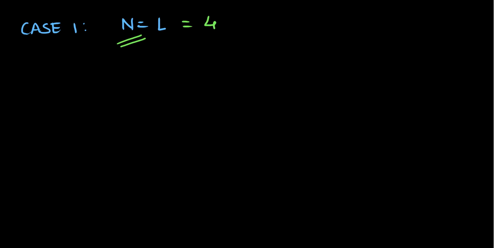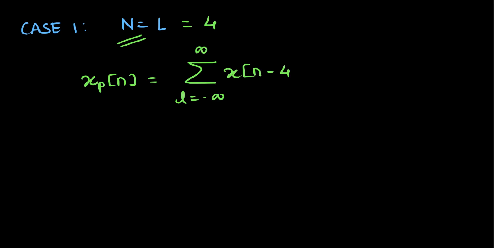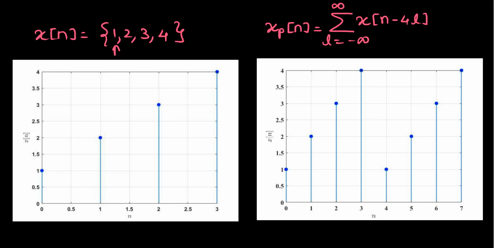So we represent that periodic signal, that is xp of n, as summation l running from minus infinity to infinity x of n minus 4l, where this 4 represents N, and if we visualize it graphically, it appears something like this.